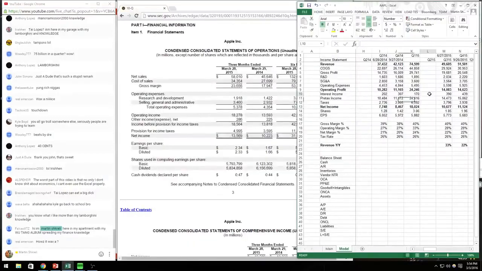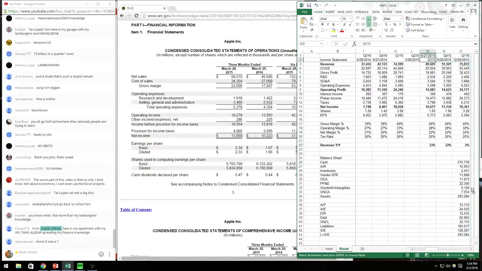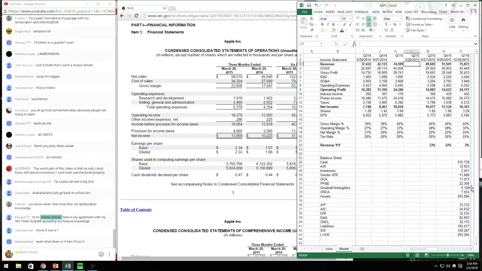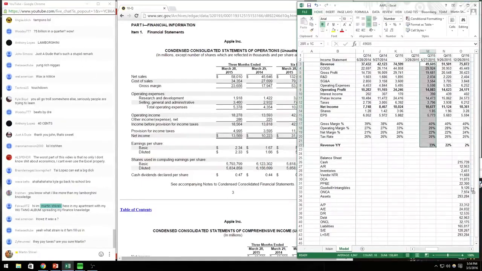Here's their Q2, which is a little backwards. It's 3/28/15. You can, again, copy paste all this stuff. And like magic, it's just very easy in Excel to just hard code the data we need to hard code.